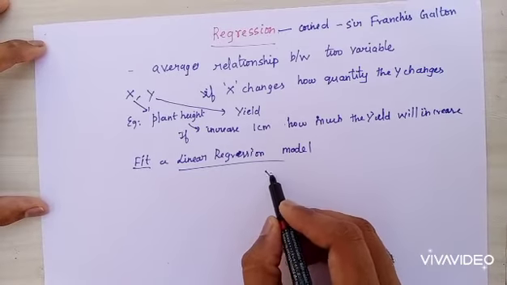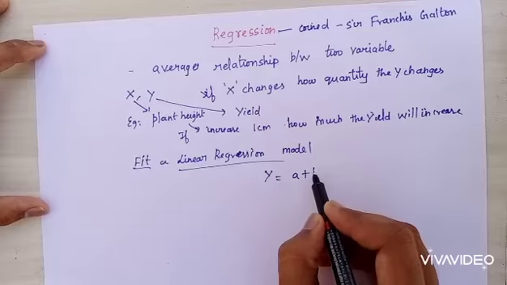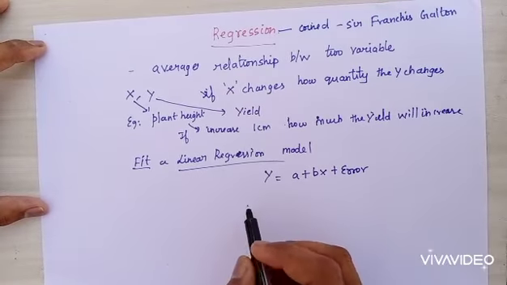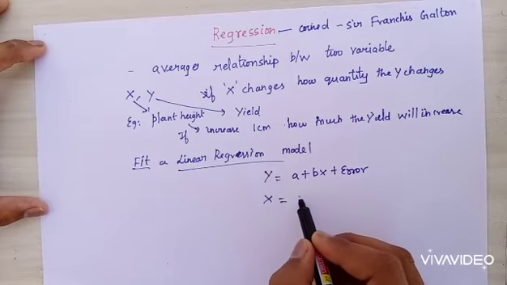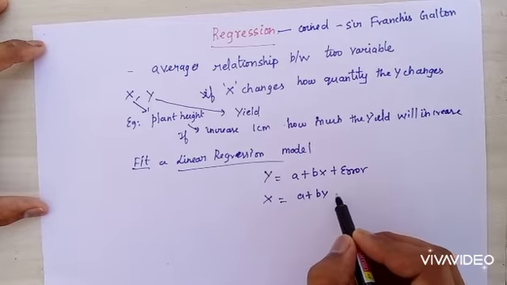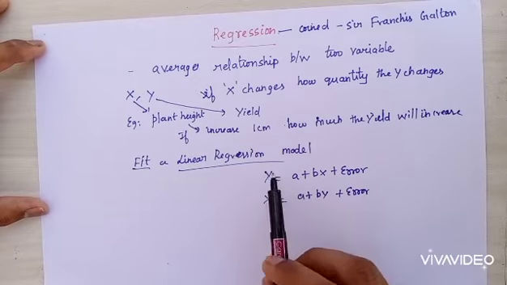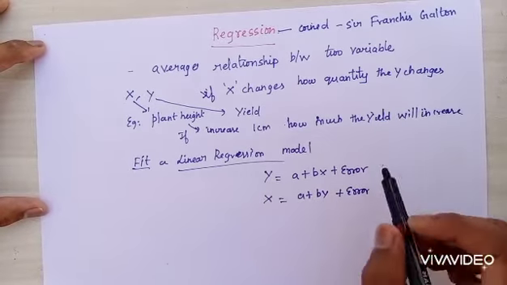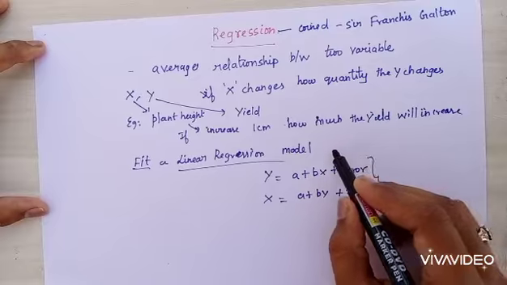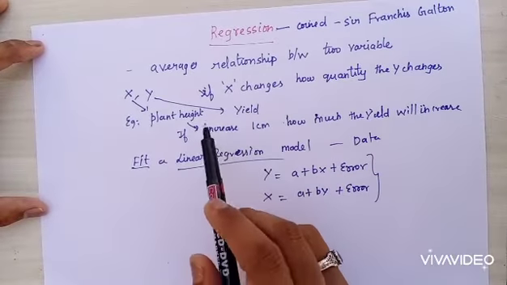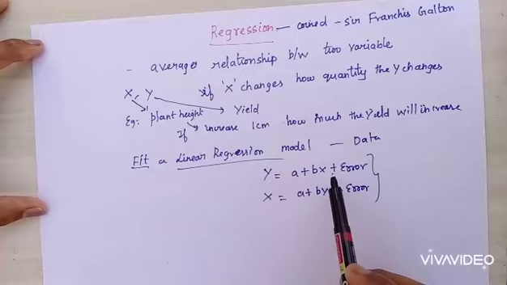One model is y is equal to a plus bx plus error, and another model is x is equal to a plus by plus error. By fitting this model to the data we can find the average relationship between x and y.